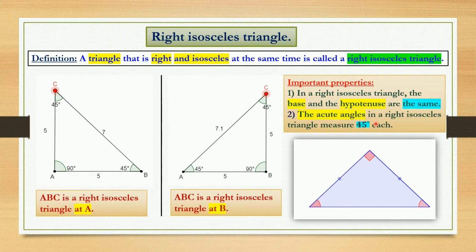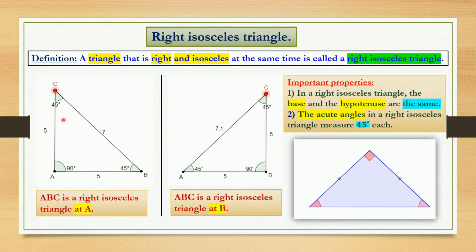The acute angles in a right isosceles triangle measure 45 degrees each. Here, if you notice, these two acute angles are also the angles at the base in this isosceles triangle, and they are equal. And since the two acute angles in a right triangle are complementary, their sum is 90 degrees, and they are equal, so 90 divided by 2 equals 45 degrees each.